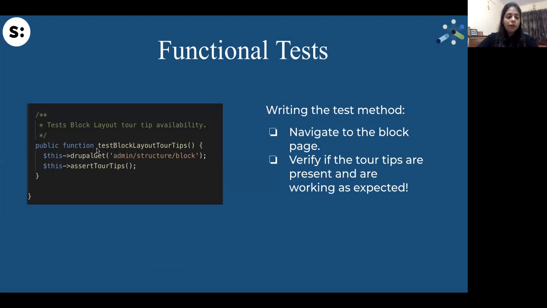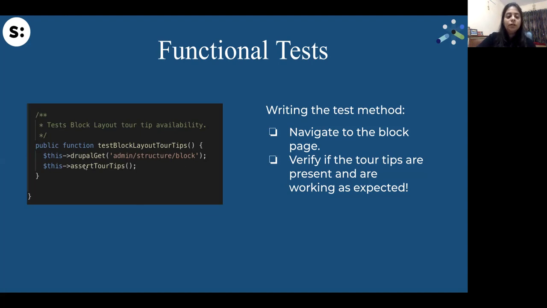What I am doing here, I am navigating to this page, the block listing page, and I'm using this method assert tooltips to check that my tour functionality is working fine or not, whether all the links are present or not, and whether all the data is fine or not. If you see, this assert tooltips method is present in my parent class, where all the required functionality has been written.